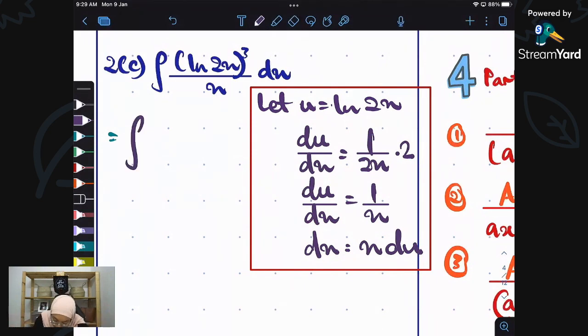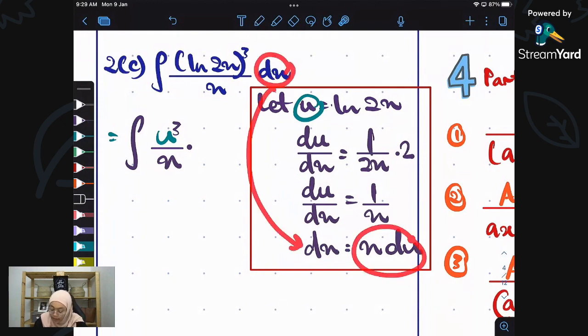Okay, so now change everything into u. So it will become u to the power of 3, over x. Don't panic. I know, not everything is in terms of u yet. Don't panic, but over x first. Times it with dx. Our dx now has become x du.